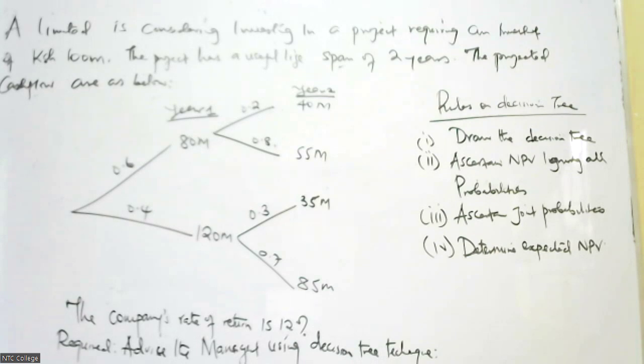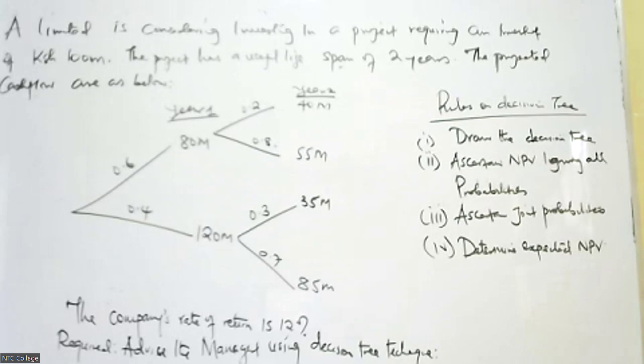That is year 1 cash flow. Year 2 cash flow: probability of 0.2, 40 million; probability of 0.8, 55 million; 0.3 probability gives 35 million, and 0.7 gives 85 million. Required, no additional information; the company's rate of return is given as 12%.